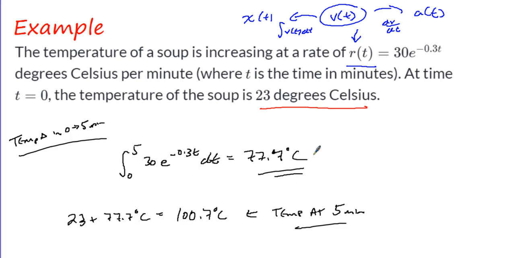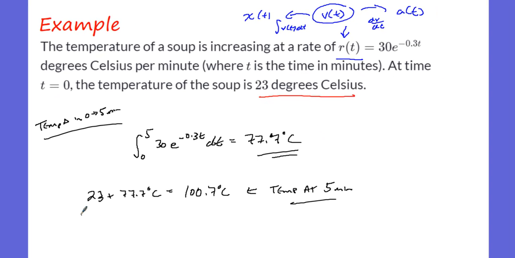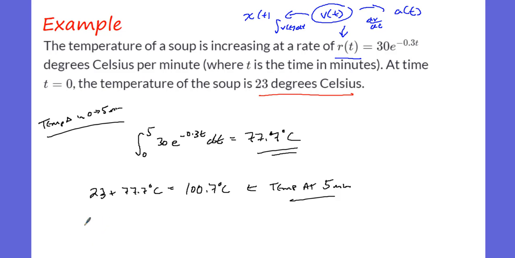If I wanted to find the average temperature change, I would do 1 over (5 minus 0) times the integral from 0 to 5 of r of t dt, and that would give me the average temperature change over the interval from 0 to 5.